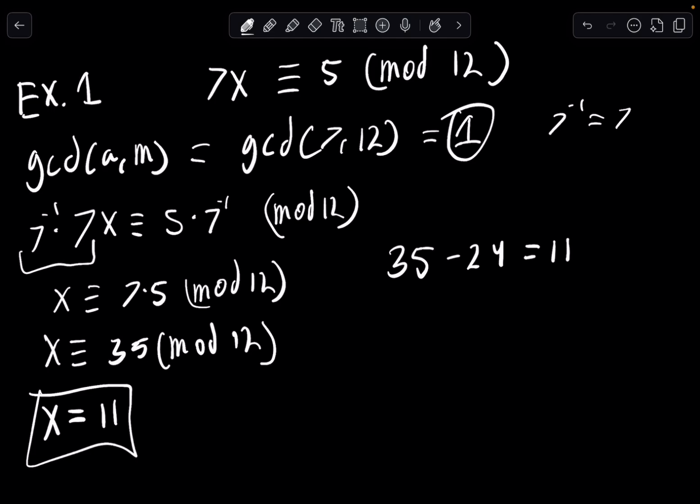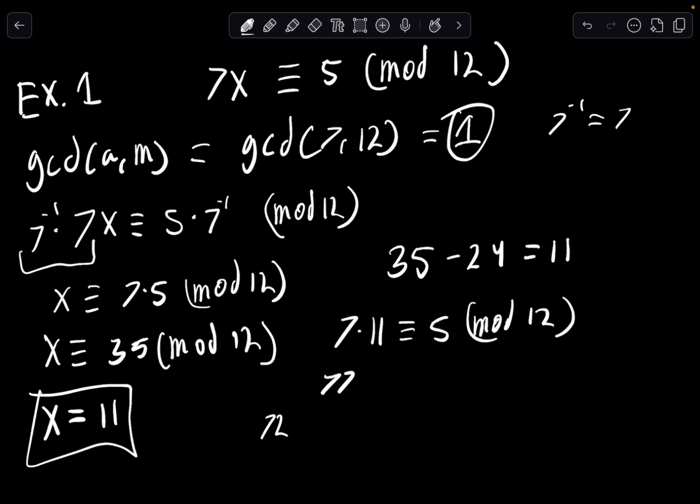Now if we want to check our work, we can do that too. So we do 7 times x, which is 11, and see if this statement is true. We get 77 here. And if we look at the multiples of 12, one of them is 72.